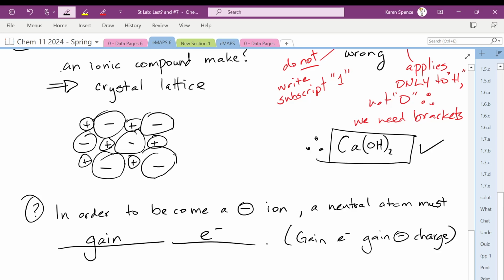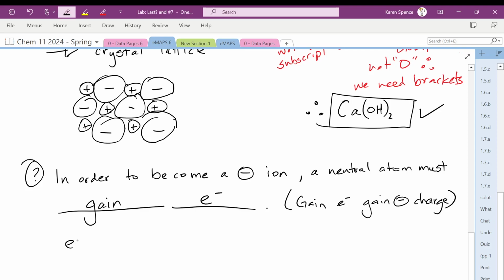Now, what do electrons do to other electrons? Electrons repel electrons. And if they're repelling each other, what's going to happen to the size of the atom?